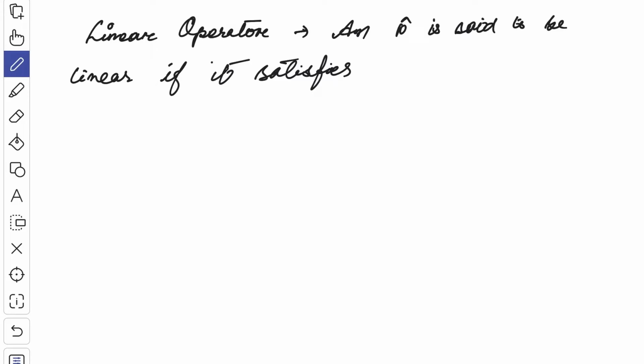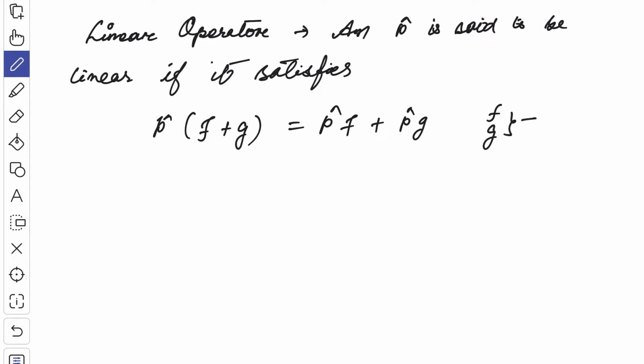What are the conditions? Suppose we have two arbitrary functions f and g. When this operator operates on f plus g, it is equal to p cap operating on f plus p cap operating on g.